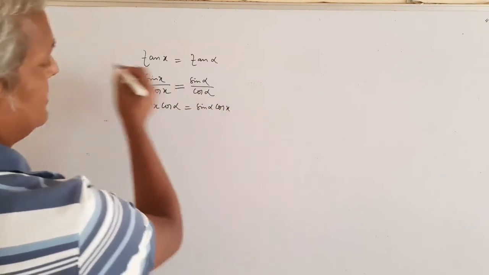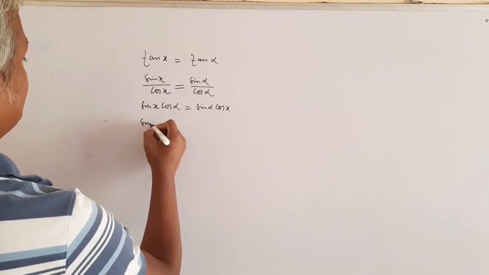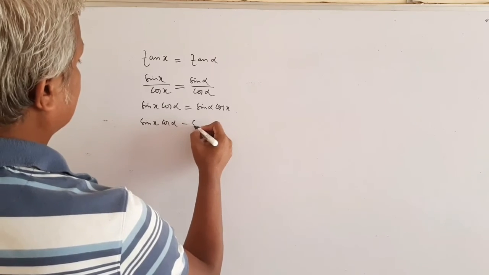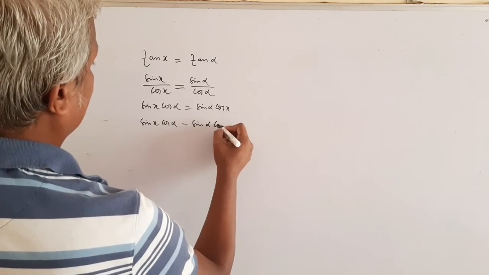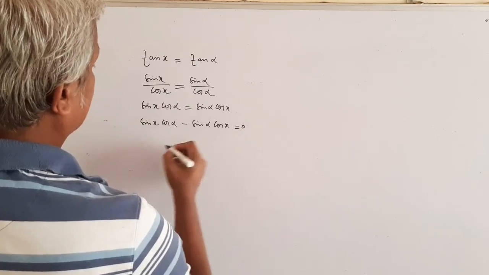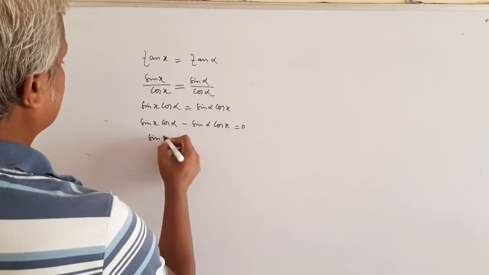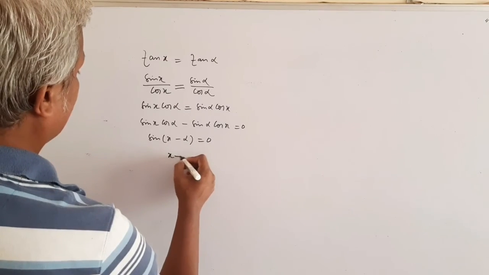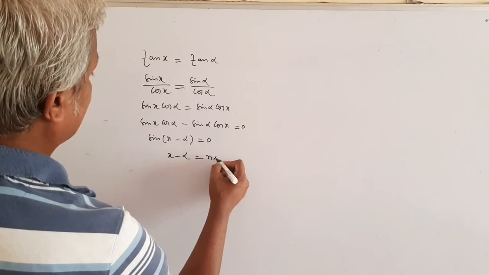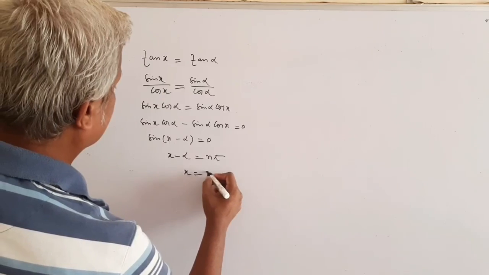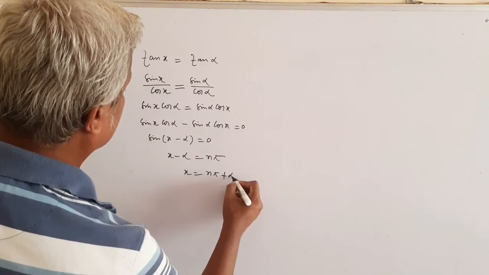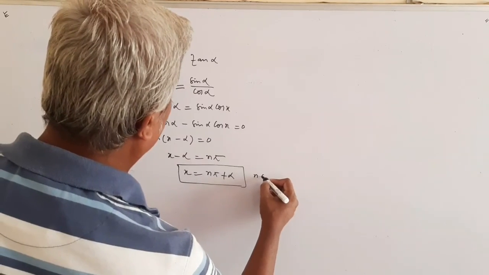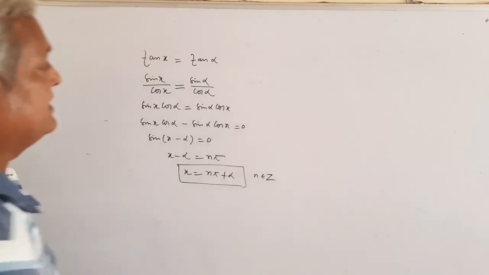I just did cross multiplication. Then I write sin x cos alpha minus sin alpha cos x is 0. So this is sin (x minus alpha) is 0. So x minus alpha is n pi. Therefore x equals n pi plus alpha. This is the solution for tan x equal to tan alpha, where n is an integer.